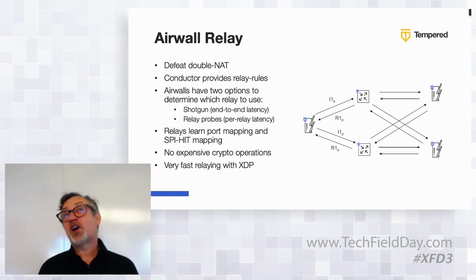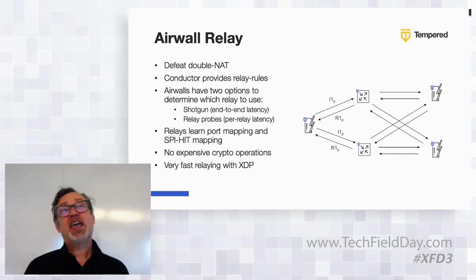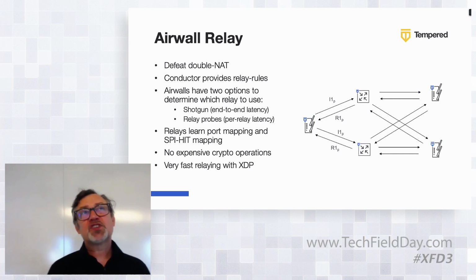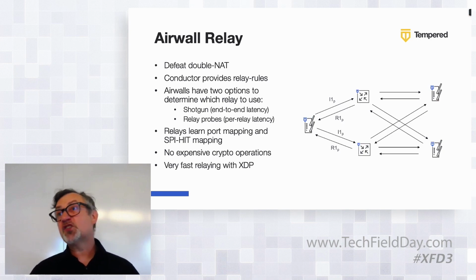So we basically have to figure out which relay would be the best to use in order to have a base exchange. And so we have two approaches to do that. One approach is what we call the shotgun approach, right? Using that approach, all the air walls continuously try to build HIP tunnels.